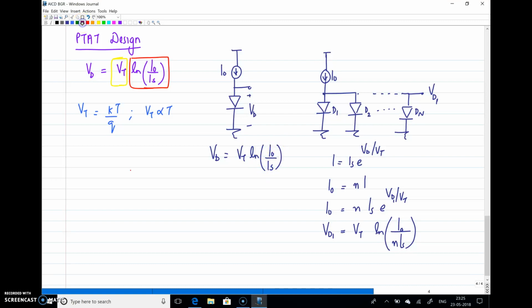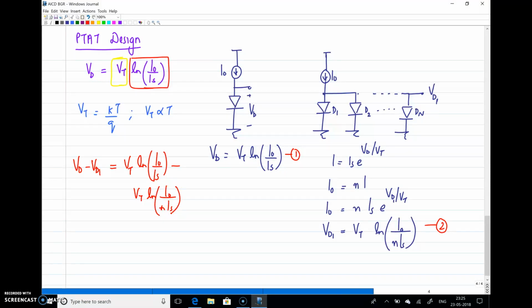So this is a trick here. In order to get a PTAT, or in order to extract Vt from this equation, I'll consider this as equation number 1 and this as equation number 2. I'll simply write Vd minus Vd1. What will we get? Vt ln(I0/Is) minus Vt ln(I0/(n Is)).